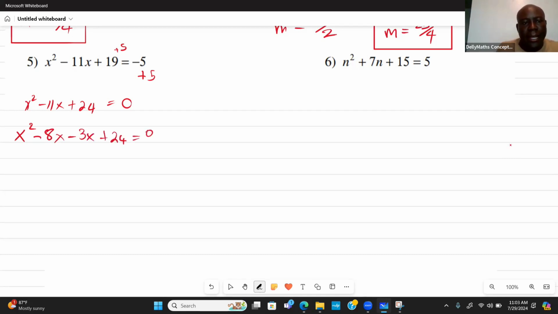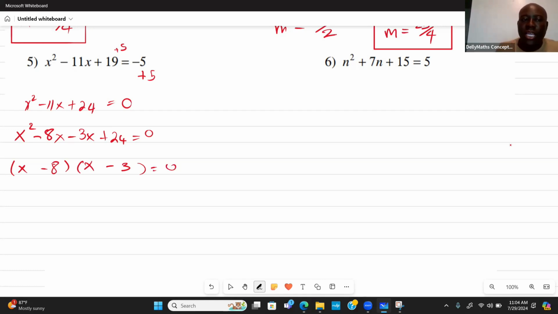So basically, we have an x minus 8 and an x minus 3. So when we factorize this, we end up with x minus 8, x minus 3.